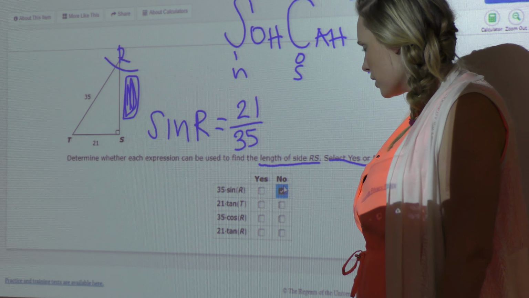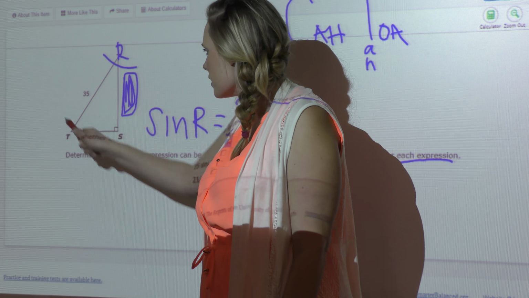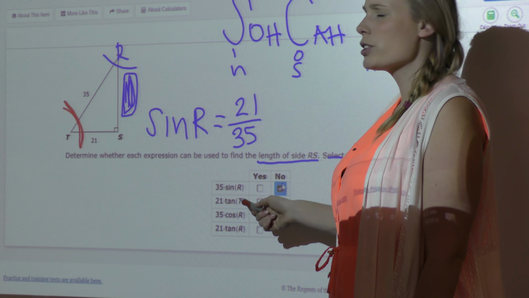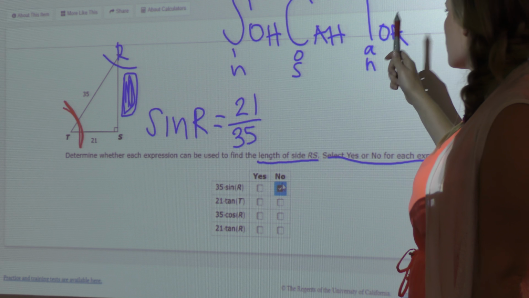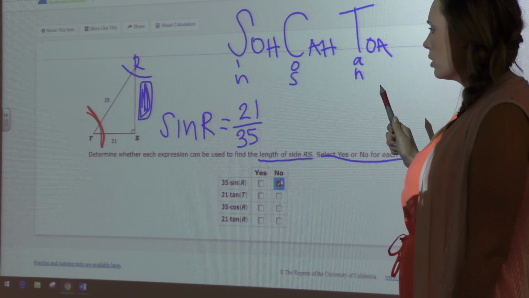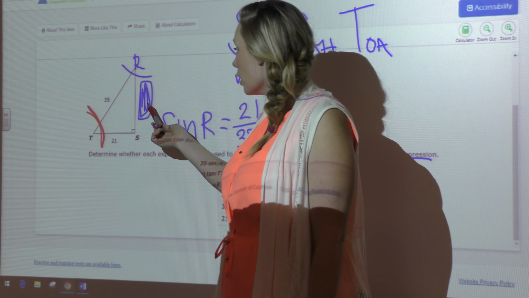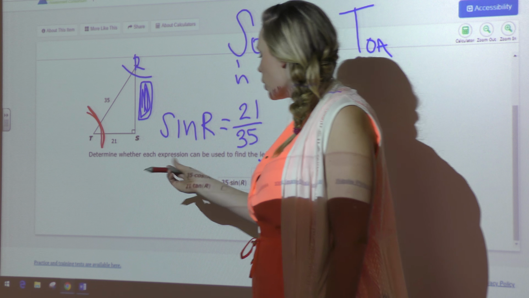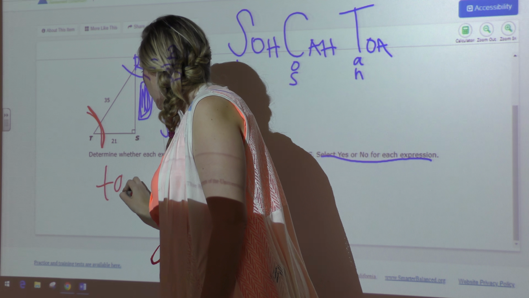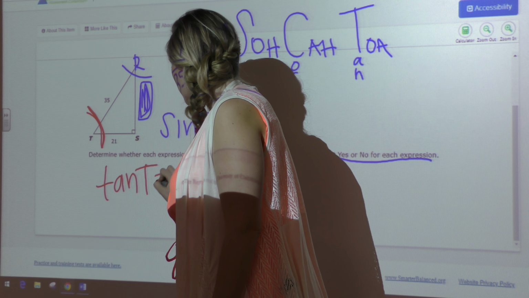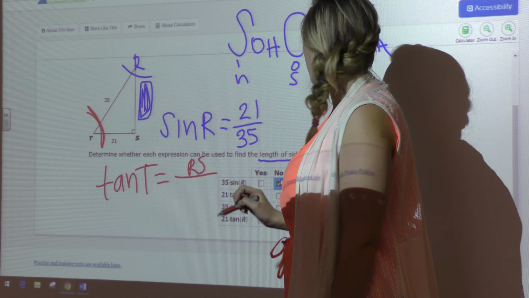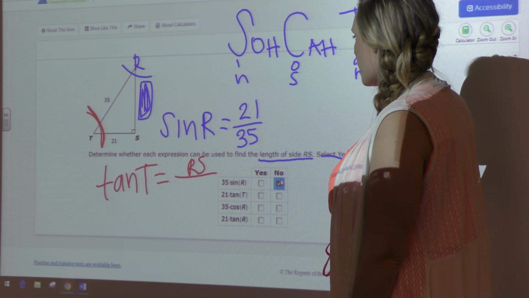Tangent. Tangent of T. Well, T is a different angle. T is this angle. And tangent, I'm going to go back to my SOHCAHTOA, and tangent is opposite over adjacent. So my opposite's RS, side RS. So tangent of angle T is going to be the side RS over adjacent.